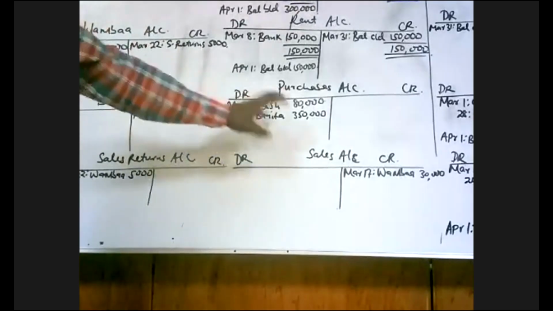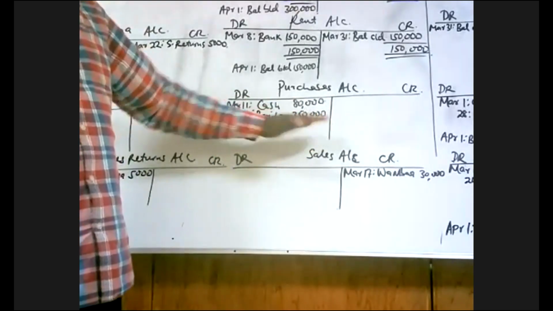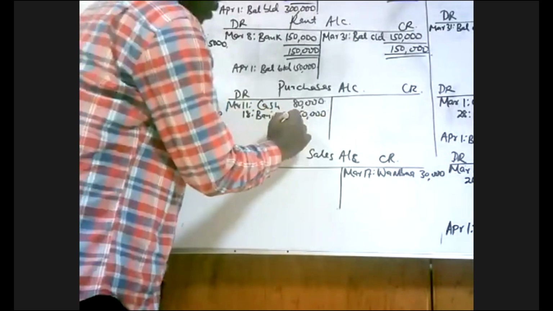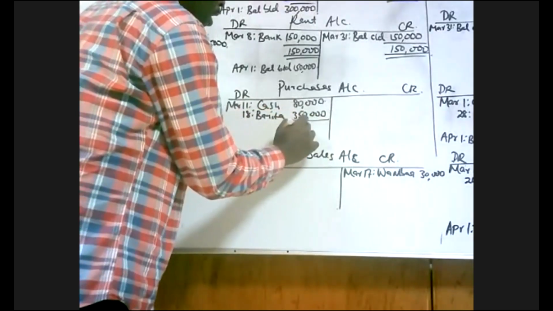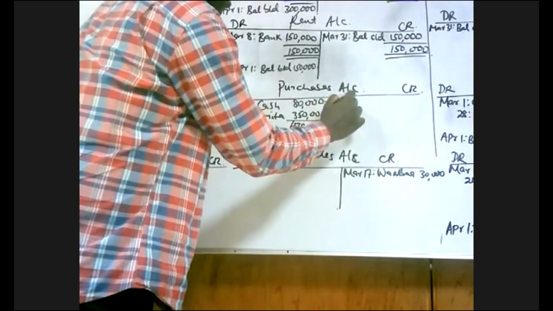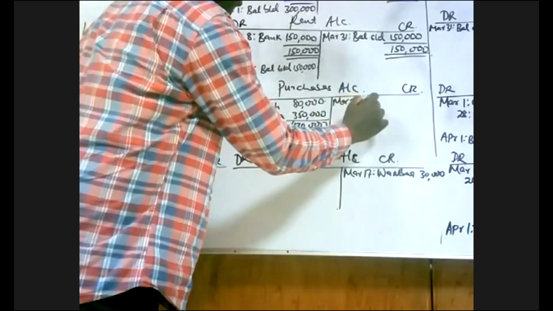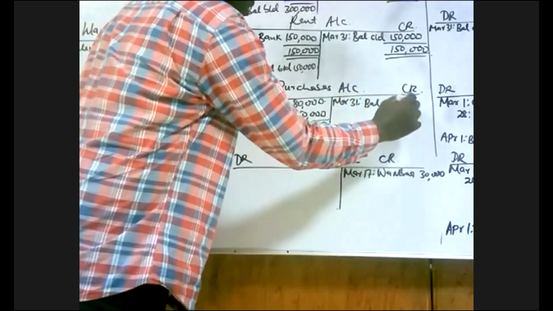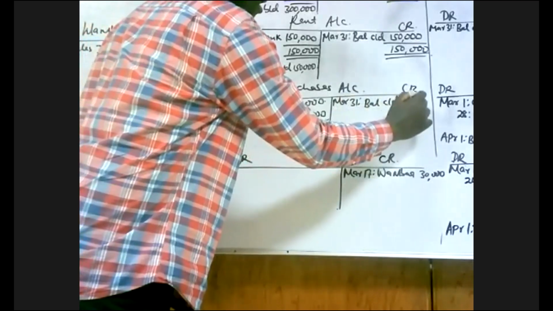The purchases on the debit 80 plus 350 is going to give us 430,000. So as at March 31st, we should have balance carried down of 430.